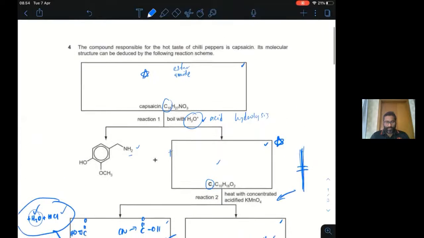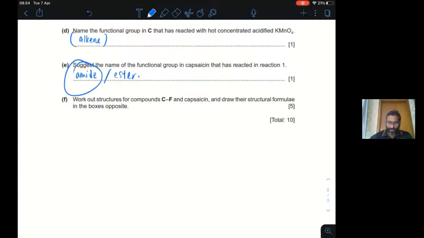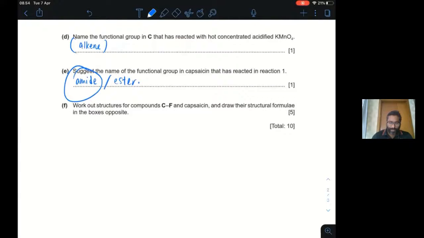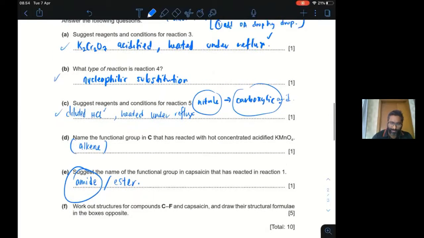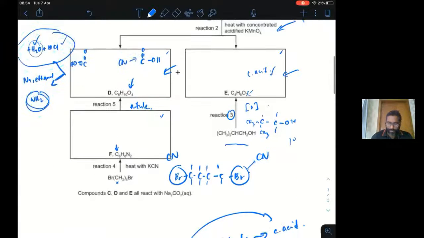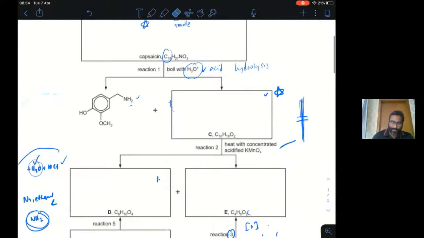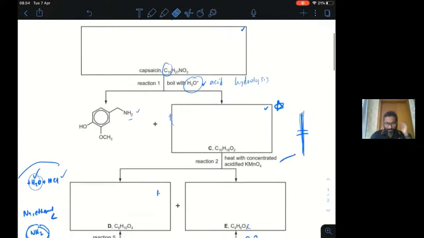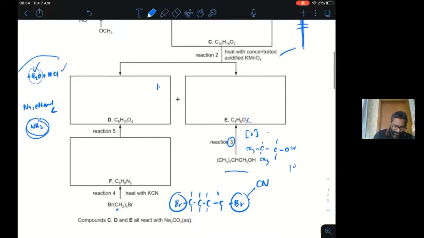Now, here they ask you to work out the structures C to F of capsaicin and draw the structural formula in the boxes below. So if I erase these parts and I want to draw this structure, how do I draw? If you have the KCN, what's going to happen is I'm going to have 4 carbons, and then there is going to be CN.